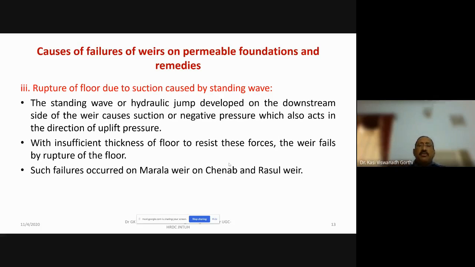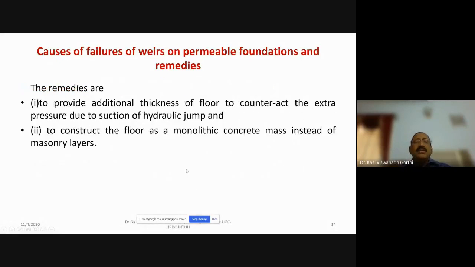So the standing wave, also called the hydraulic jump, develops on the downstream side of the weir, which causes suction or negative pressure, which also acts in the direction of the uplift pressure. With insufficient thickness of the floor to resist these forces, the weir fails by rupture of the floor. Such failures occurred maybe on the Chenab and Rezul river.